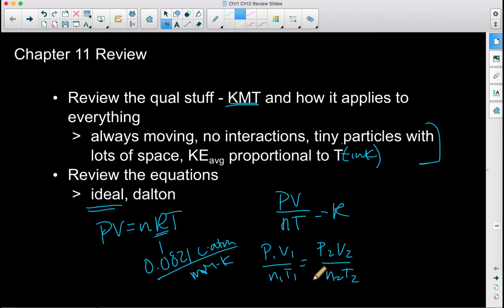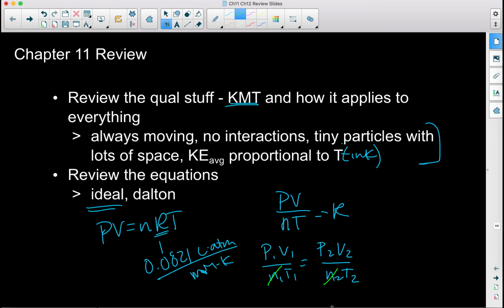Again, bearing in mind the assumption: whichever two or three variables are changing, the other ones must be constant, or we can't apply it, because they are all interrelated. So if something is not constant, we cannot compare. If something is constant on both sides, that cancels, and that gives us the rest of what we're looking for.